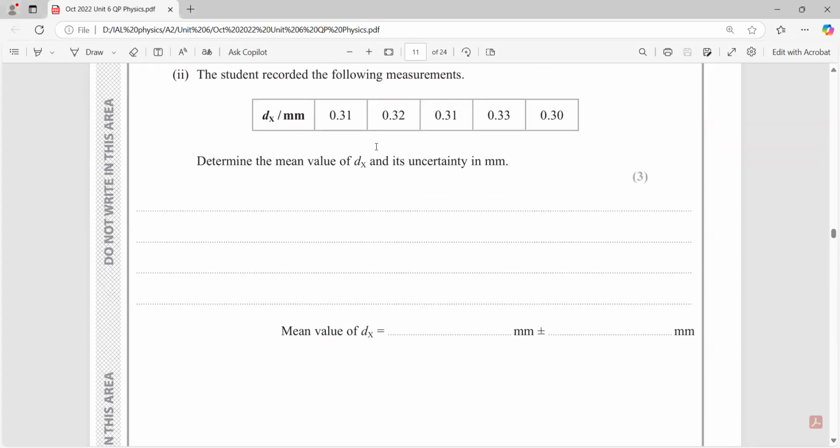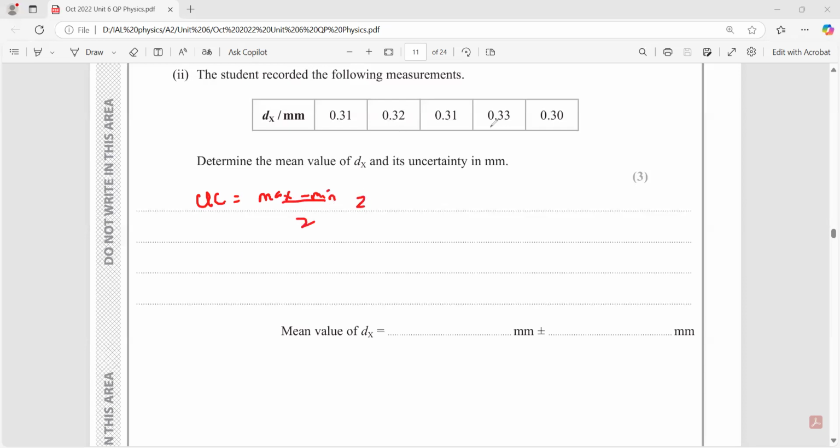The student recorded the following measurements. Determine the mean value. Mean means average. If any of the results appear to be anomalous, like not in the range, you will ignore that. Here we will add 1, 2, 3, 4, 5 and divide by 5. So that will be the average. But how do we get the uncertainty of a group of data? Uncertainty is maximum minus minimum divided by 2.